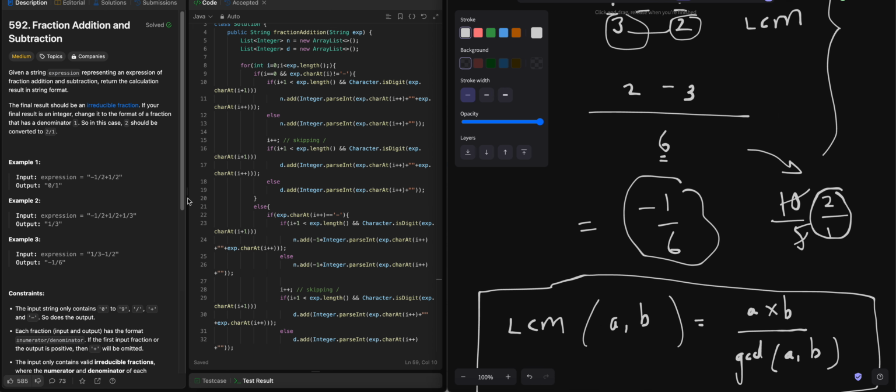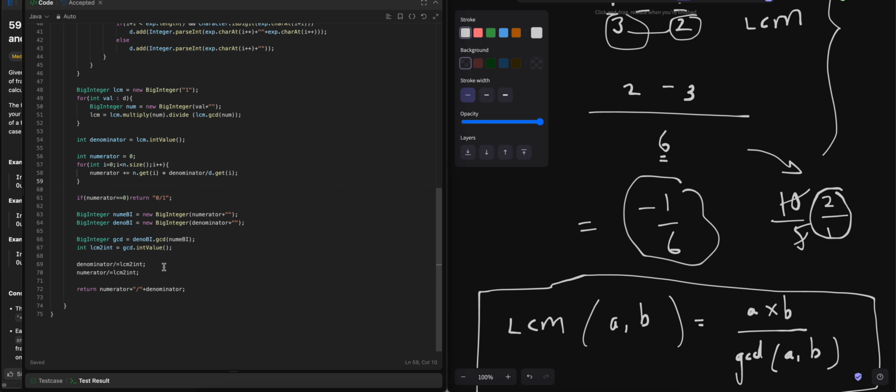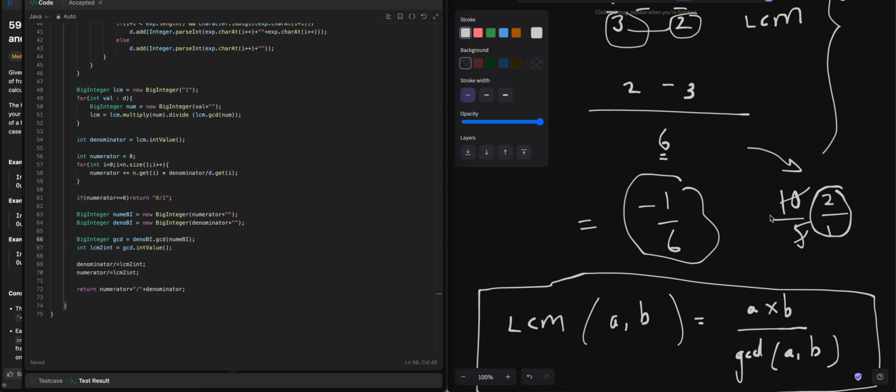As you can see here, what I had done is we will find the GCD of both the numerator and denominator that we got here. If you find the greatest common divisor and divide both values by it, then you will get the final result.